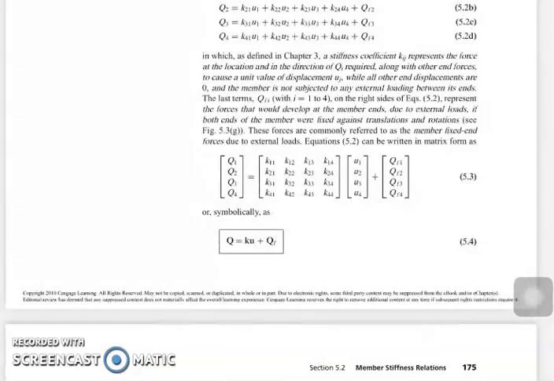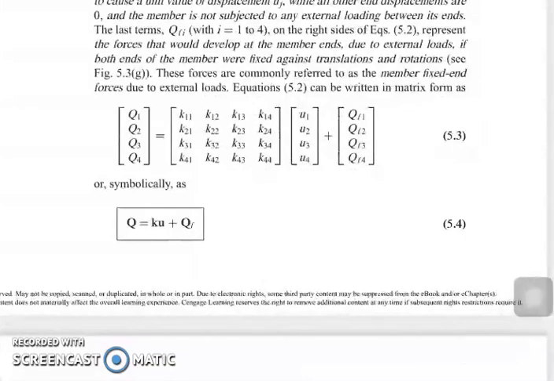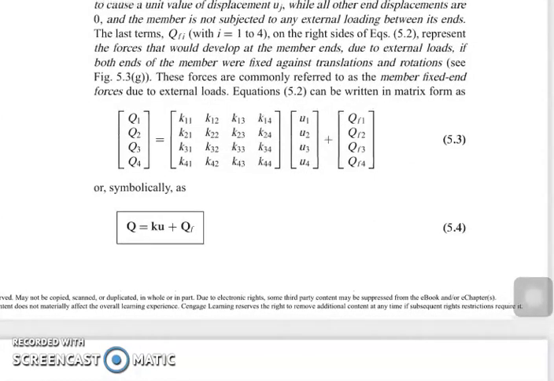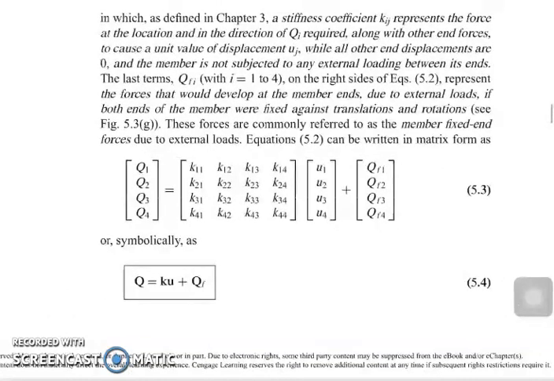Basically, this will be the equation: Q is equal to K times U plus Q sub F. We have to take note that Q sub F represents the forces that would be developed at the member ends due to the external load if both ends of the member were fixed against translation and rotation.